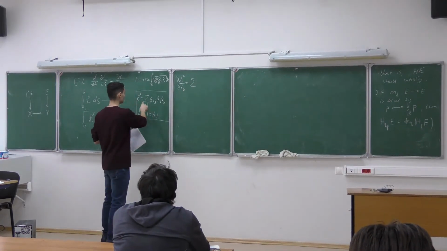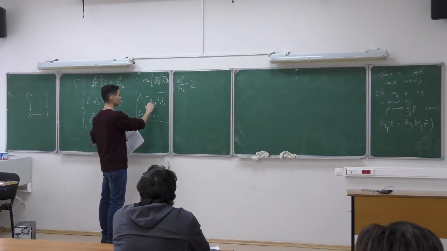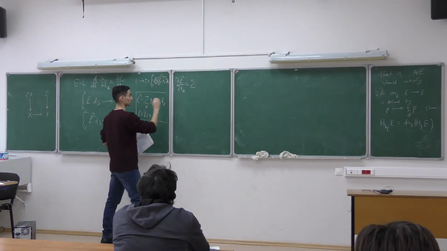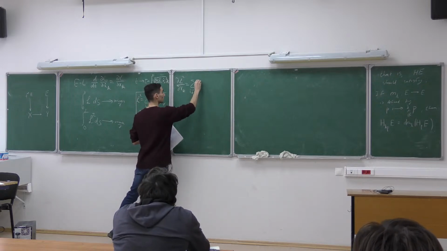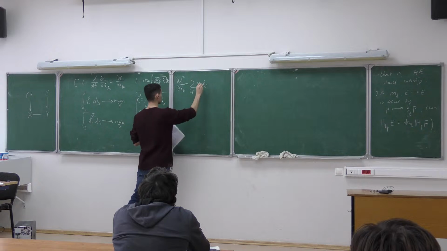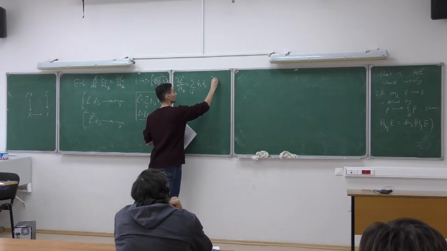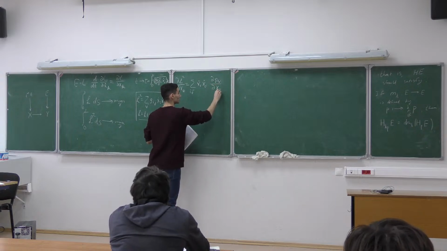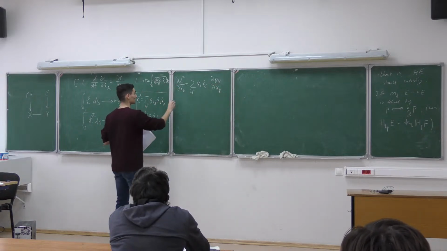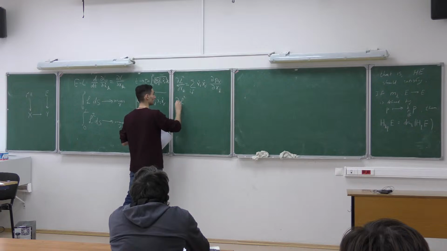Let's derive it. The derivative goes into the sum, and we obtain the sum over all ij of xi dot xj dot times the derivative of gij with respect to xk. Now let's calculate the derivative of the squared Lagrangian over the derivative of xk dot.